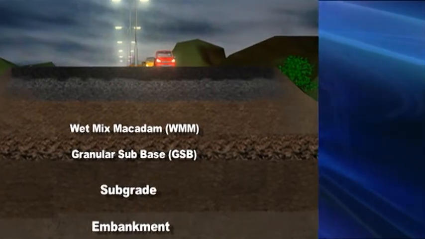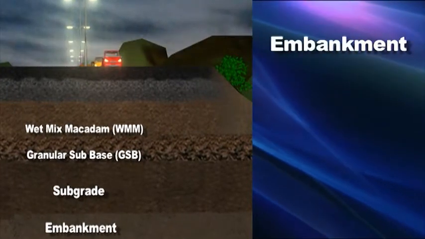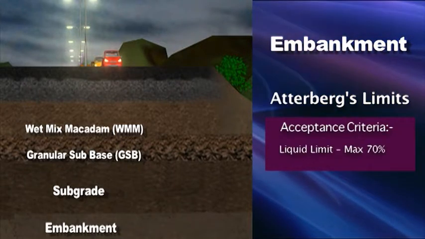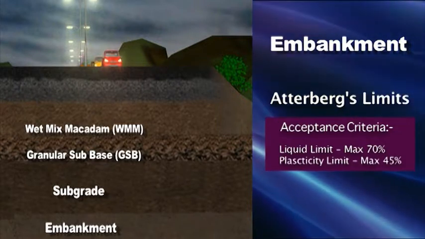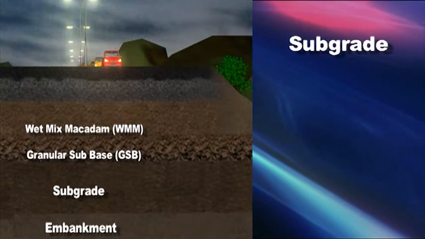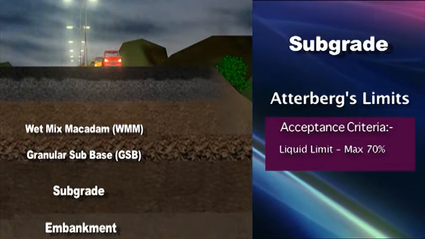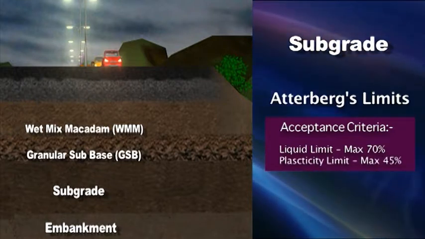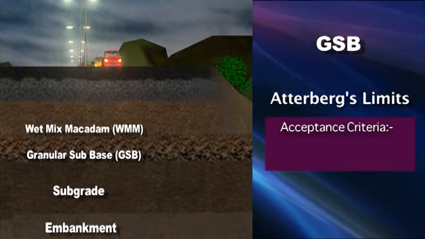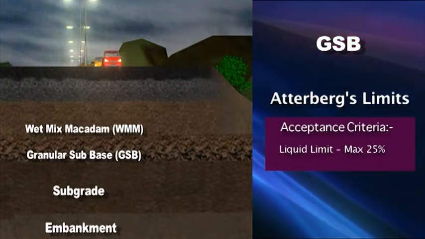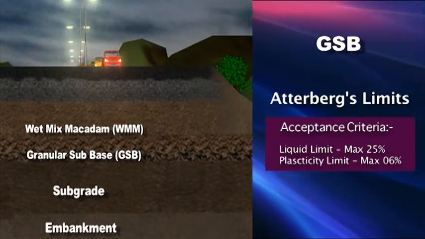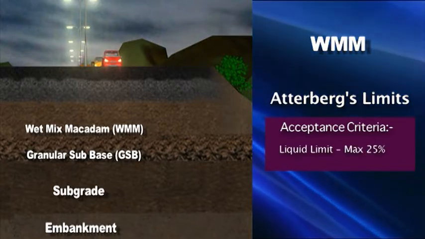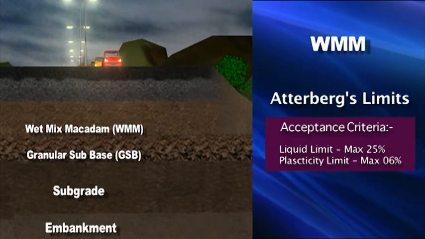The acceptance criteria for the different layers are: embankment, liquid limit max 70%, plasticity index max 45%; subgrade, liquid limit max 70%, plasticity index max 45%; GSB, liquid limit max 25%, plasticity index max 6%; WMM, liquid limit max 25%, plasticity index max 6%.